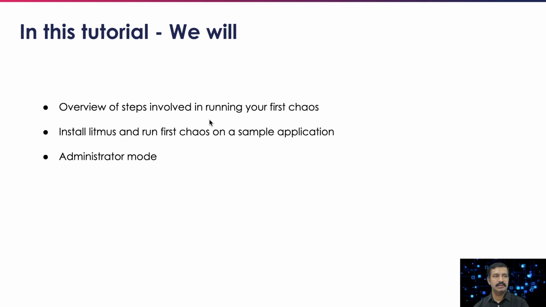This can be done either completely as an administrator, or typically you install Litmus as an admin, and the chaos can be run by developers who may have access privileges at the namespace level. So first we'll do that mode, and towards the end we will try to run the same chaos in the administrator mode.